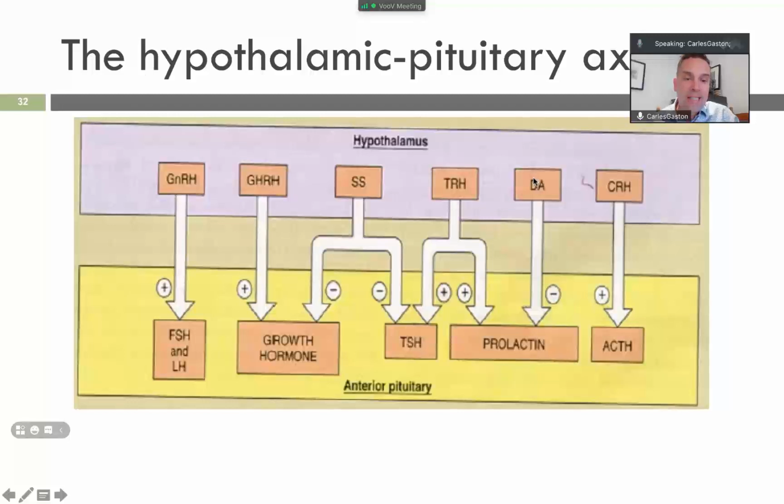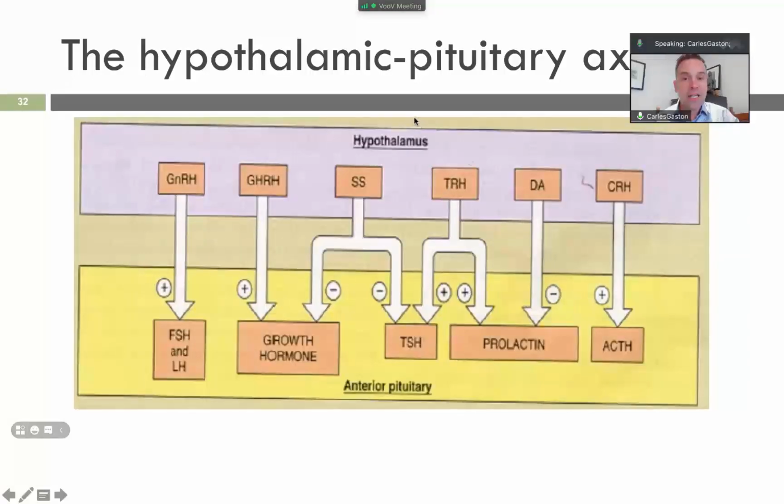Dopamine has an inhibitory effect on the secretion of prolactin, whereas corticotrophin releasing hormone has an activating effect on the corticotropes to produce adrenocorticotrophic hormone.